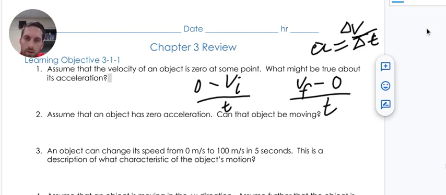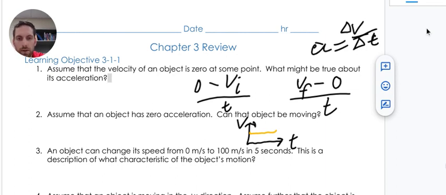For number 2, we assume the object has 0 acceleration. We want to know if it can be moving. If we have a velocity time plot, we can. So v and t, and if we are above the axis, like so, have a nice straight line, not going up or down.